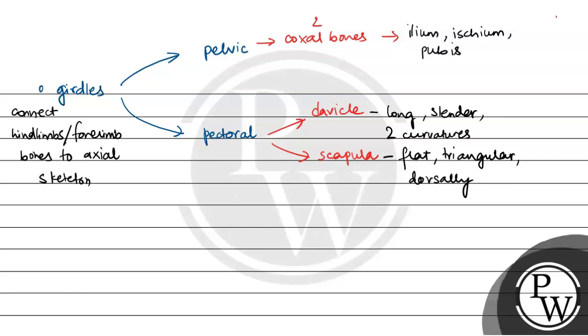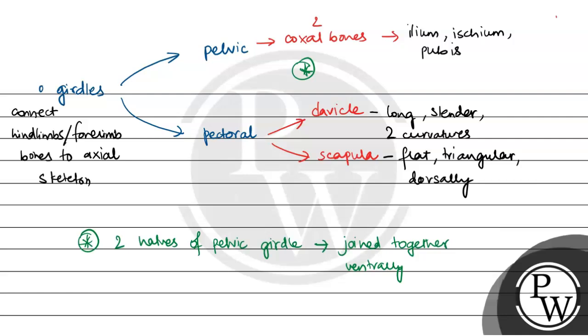The two halves of the pelvic girdle are joined together ventrally by a fibrous cartilage. This cartilage is called the pubic symphysis.